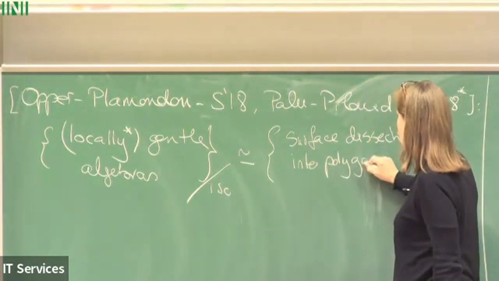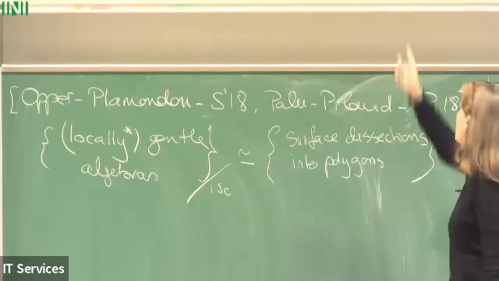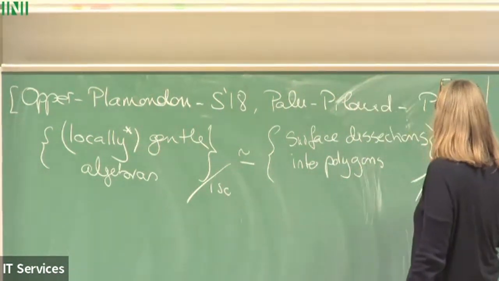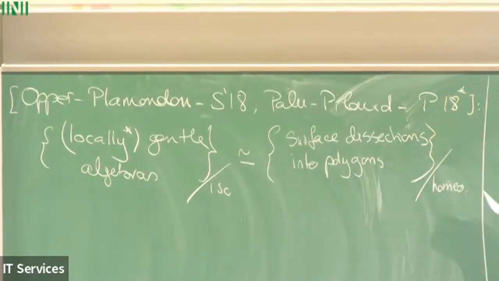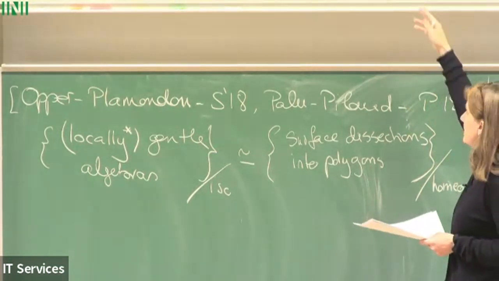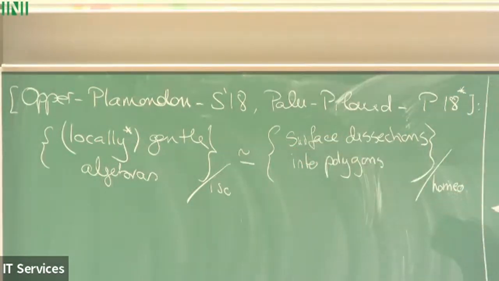So this is this infinite dimensional part. There are these two types of polygons: either they have a boundary edge or an unmarked boundary component in the interior. And this is up to homeomorphism. So there's a bijection. The data of such a surface dissection is the same as the data of a Gentle algebra.